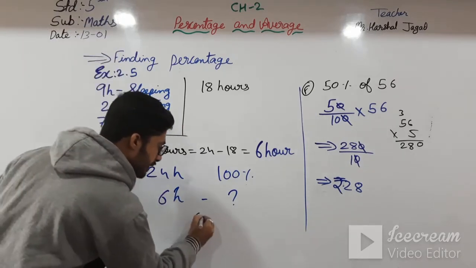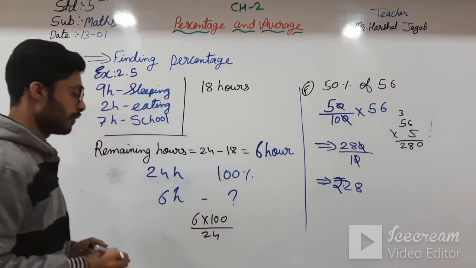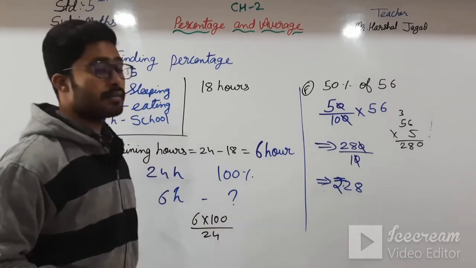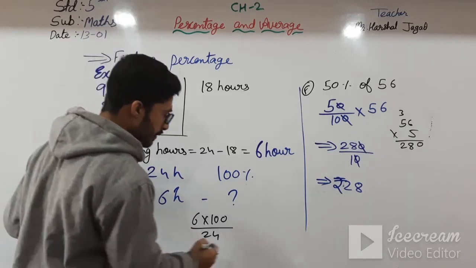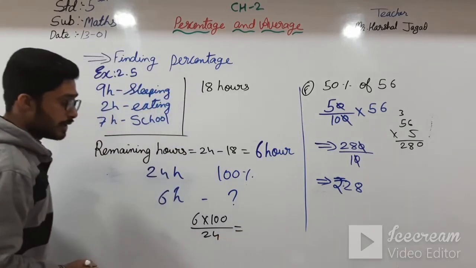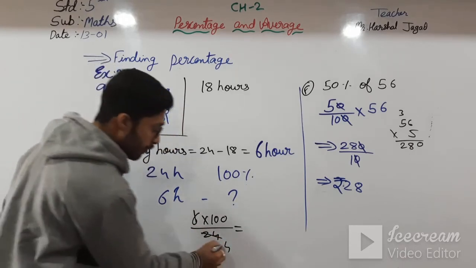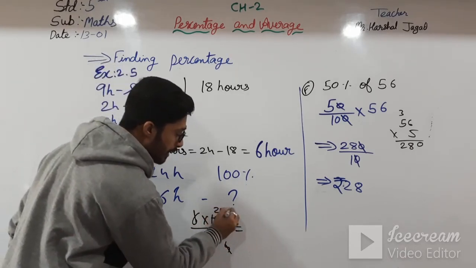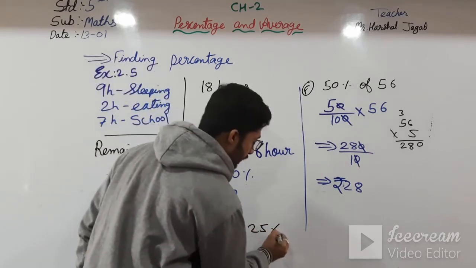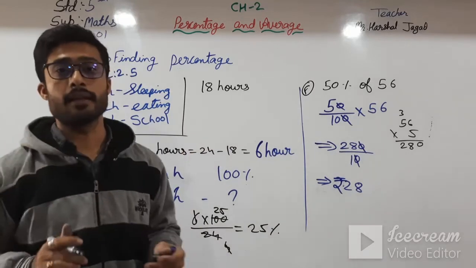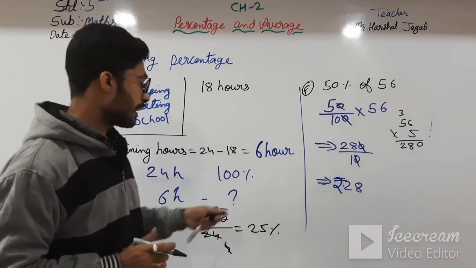So 6 into 100 divided by 24. There is another method also, but here 6 4s are 24 and 4 25s are 100. So 25% of the day is remaining. 25% of hours are remaining in a day. That is our answer.